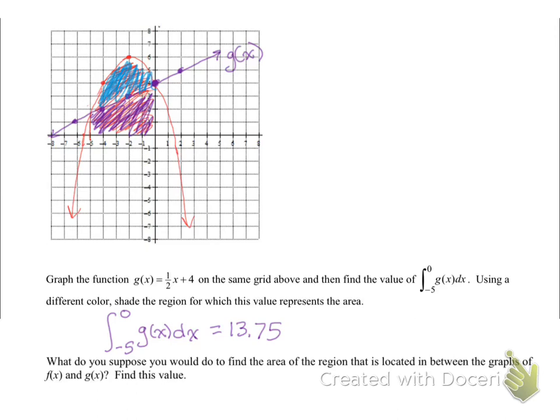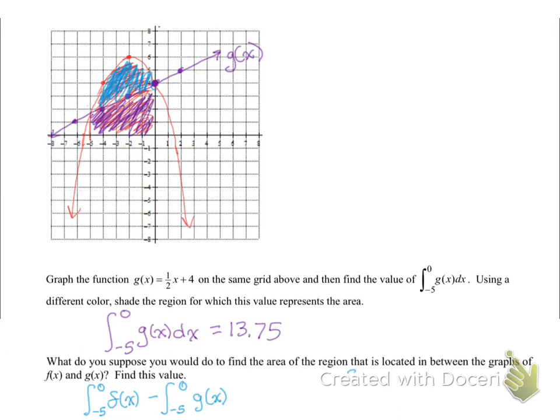You're going to subtract the area shaded in red by the area shaded in purple to get the blue. So you're actually going to subtract the integral from -5 to 0 of f of x, that's the top function here, minus the integral from -5 to 0 of g of x. And that should give you the area in blue.